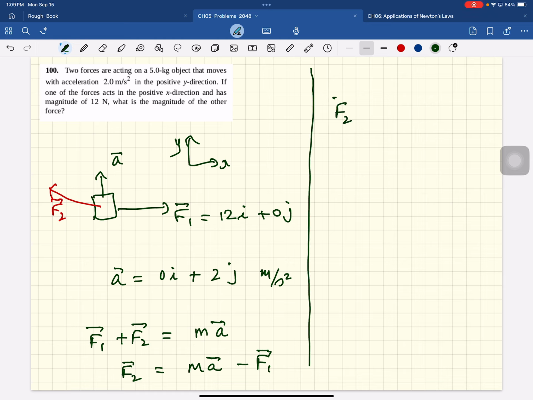The vector F2 is m times a minus F1. What is the mass? 5 kg. So 5 times a, which is 0i plus 2j, minus F1, which is 12i plus 0j. So F2 is 10j minus 12i.